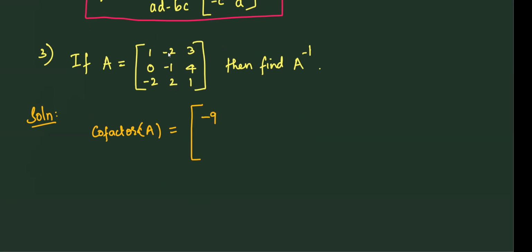Cofactor of minus 2. The second term: remove the first row and the second column. Then you are left with 0, 4, minus 2, 1. So 0 into 1, 0, minus of minus 2 into 4, that is minus 8. 0 minus of minus 8, so that is plus 8.